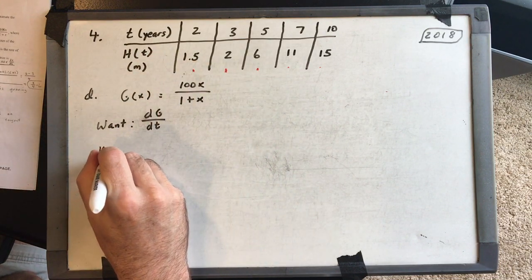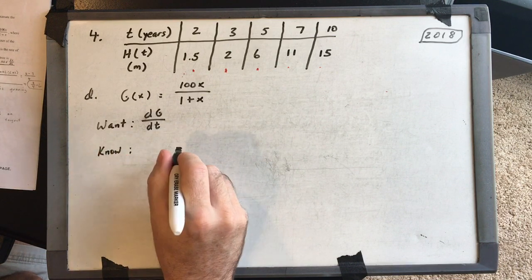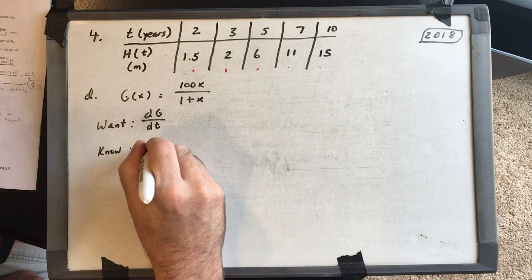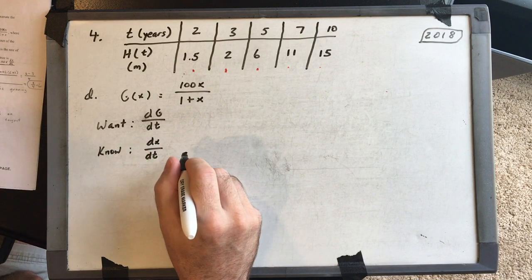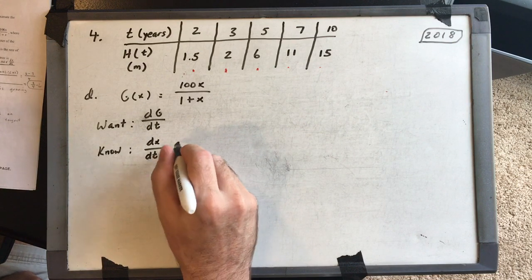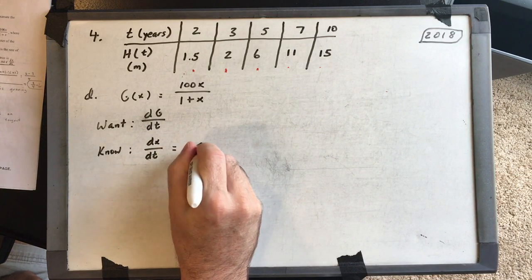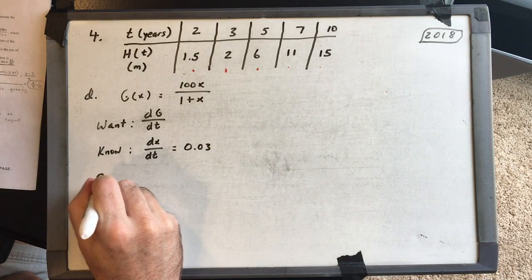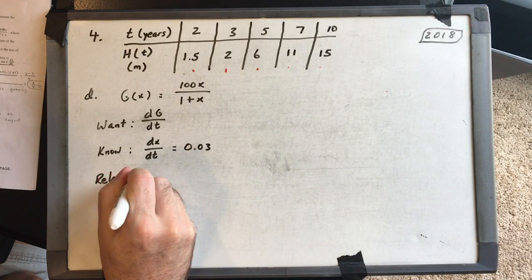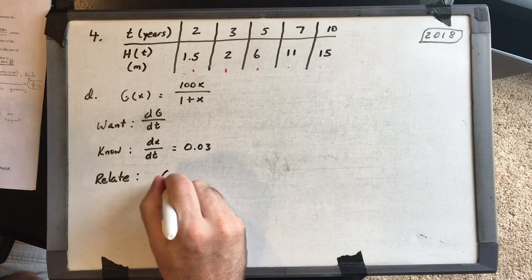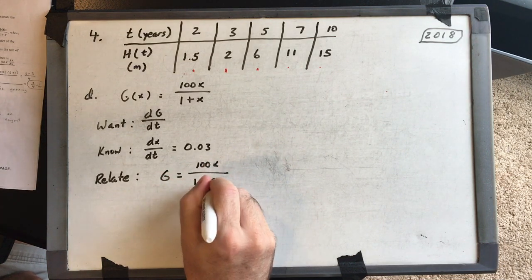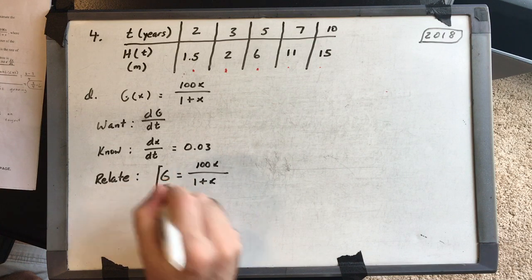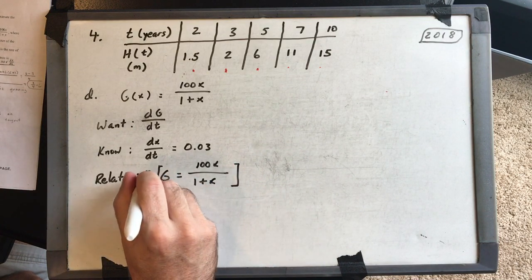What we know is that dx dt, and I'm using x as the diameter of the tree, is increasing at 0.03 meters per year, so 0.03. We relate what we want to what we know. Well, they gave us the equation. G is equal to 100x over 1 plus x. And what do you have to do with related rates? You have to differentiate it with respect to t.